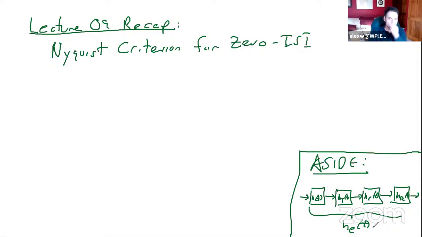With that in mind, this is where the Nyquist criterion for 0 ISI kicks in. What it is trying to do is specify what your he of t needs to look like in order to not have ISI end to end, from the transmitter to the receiver.